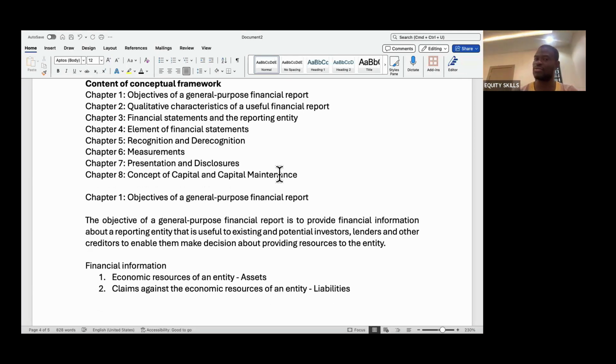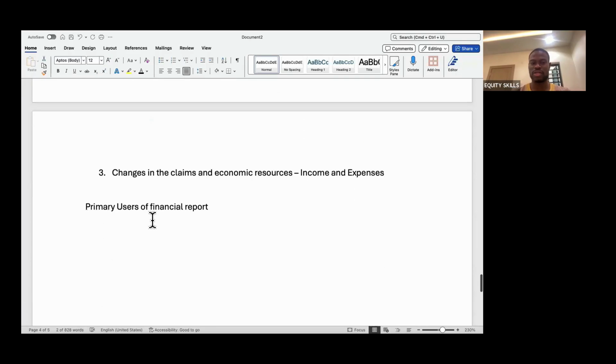And I can ask you that who are the primary users of a report? If you write any other thing apart from potential and existing investors, lenders, and other creditors, you'll be wrong. So that's why I'm pointing it out again, even though it's clearly spelled out in that objective.